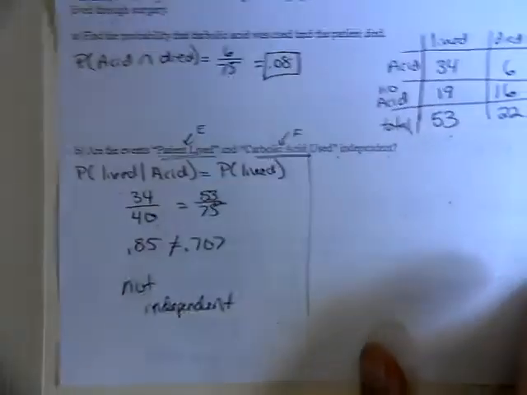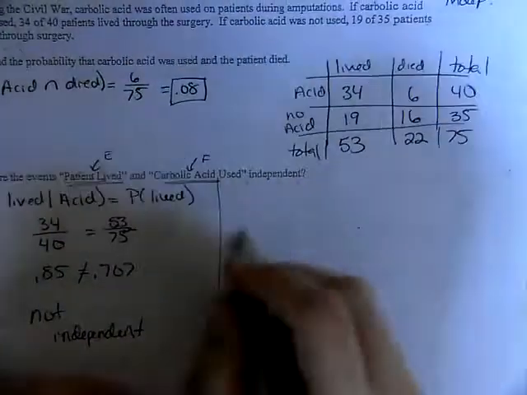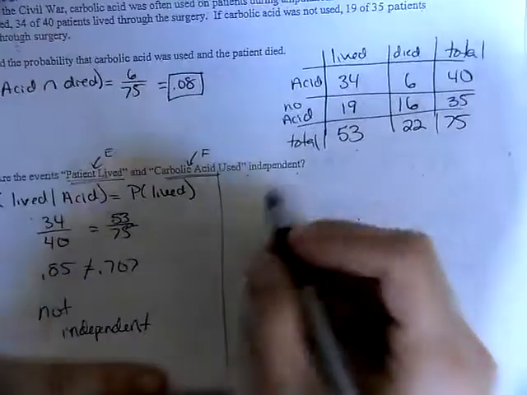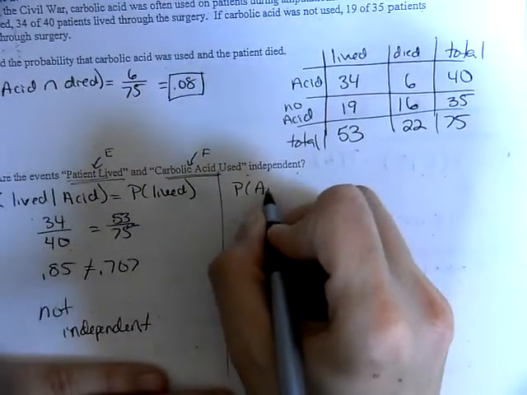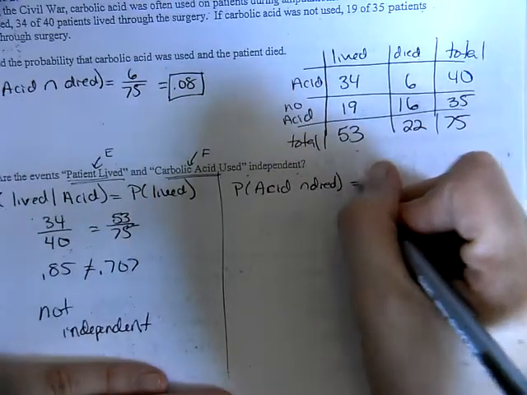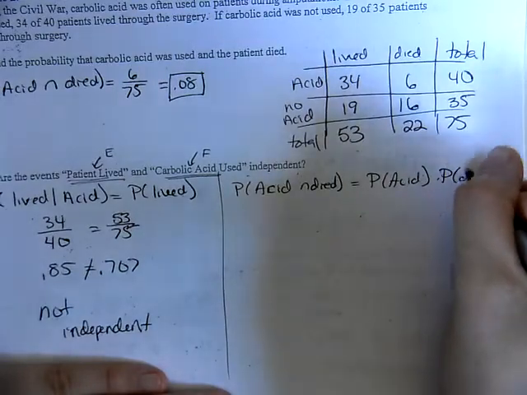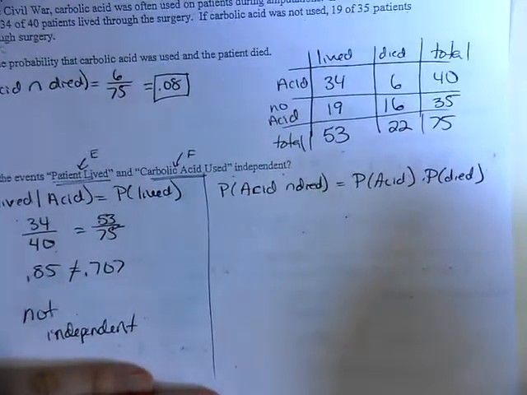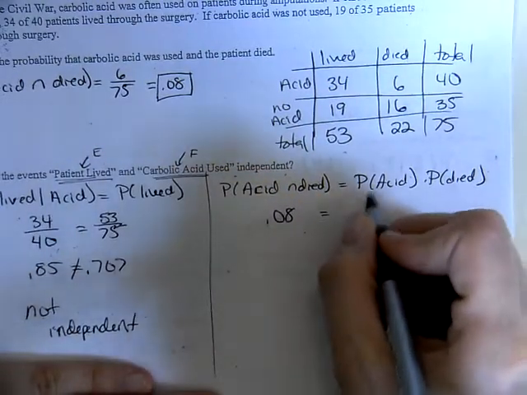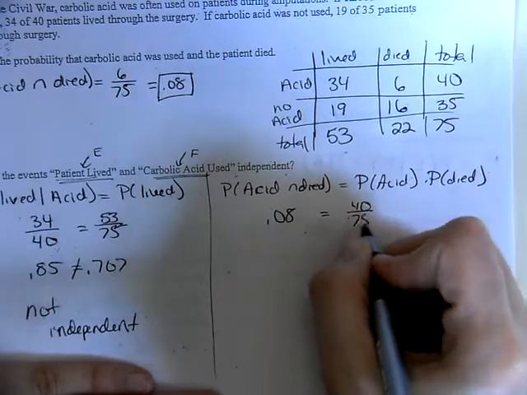Now, I could use the second one. Again, I might want to because I already have part of it done. So if you see something like this on a quiz or a test, a lot of times I'll give you part of it already to save time. So the probability that acid was used and they died should equal the probability that acid was used times the probability that they died. So acid and died was 0.08. So the probability that acid was used was 40 out of the 75 patients.